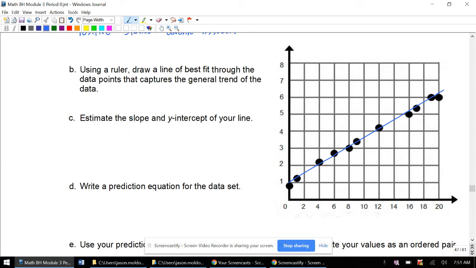Then we're going to pick some data points that are not necessarily the plotted scatter plot points, but points on my line to estimate the slope and the y-intercept. So that point, and maybe that point, and maybe that point, and maybe that point.